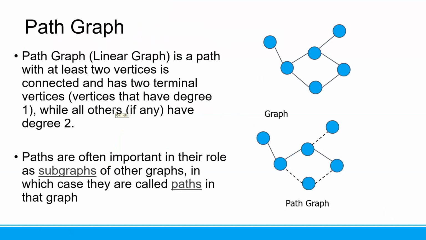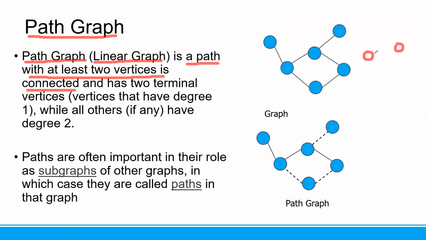In this first concept definition, I want to explain about the path graph. We call it the path graph or the linear graph. It is a path with at least two vertices connected. So I have two vertices.